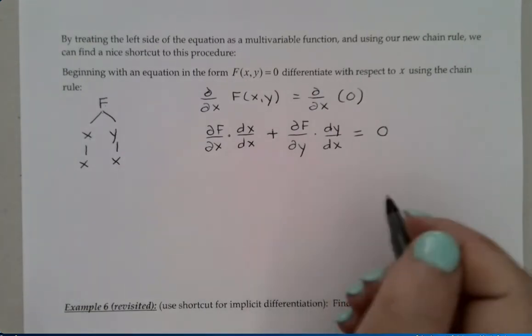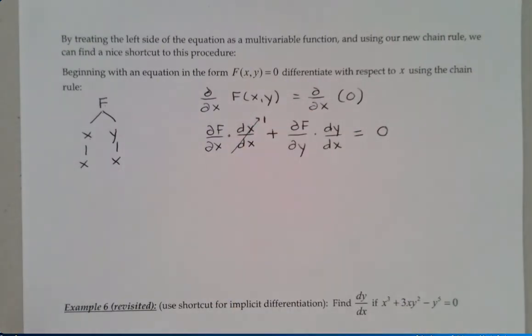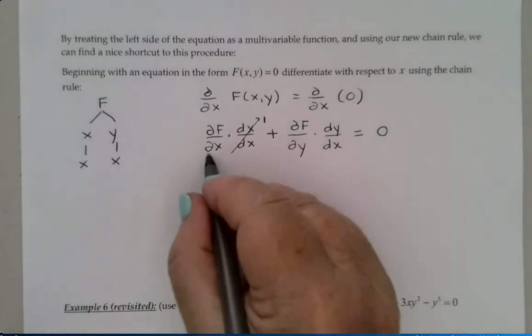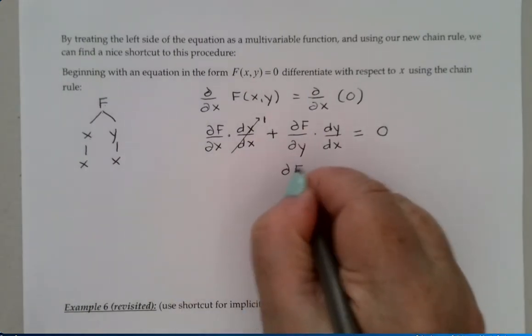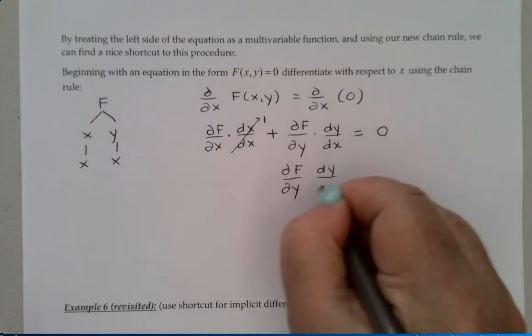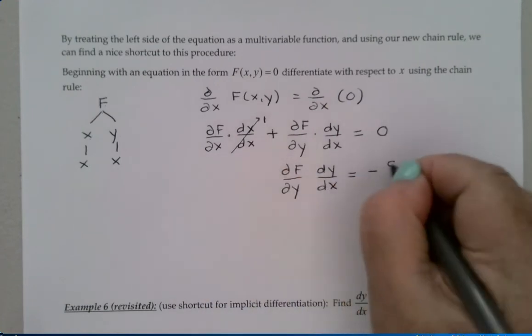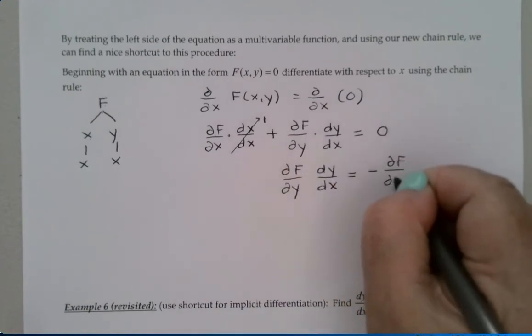All right, so let's see. Since dx dx is actually 1, and my goal is to solve for dy dx, I move this to the other side: partial of f with respect to y times dy dx equals minus partial f with respect to x.